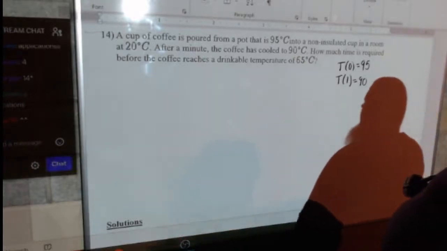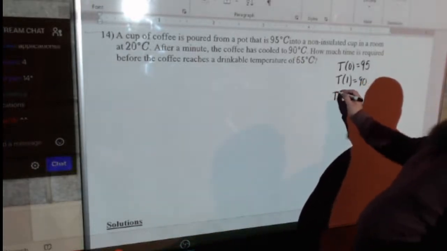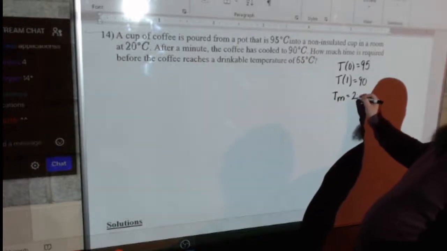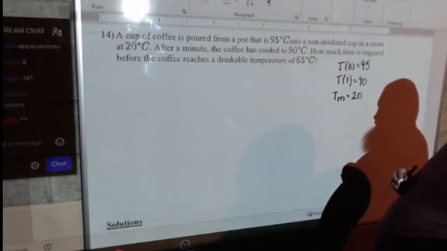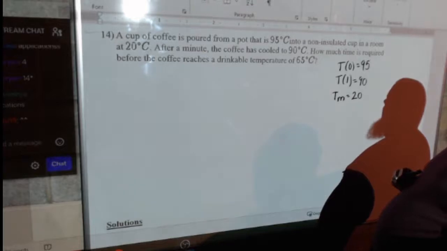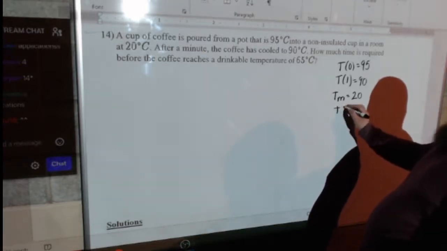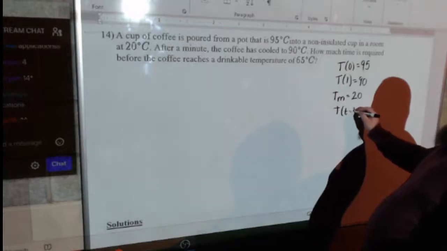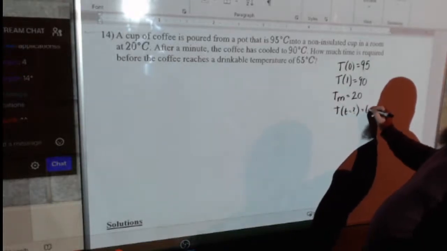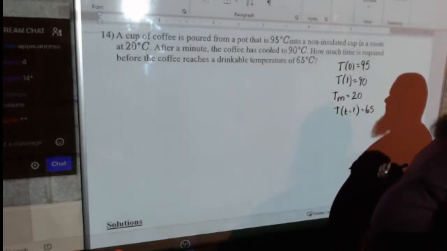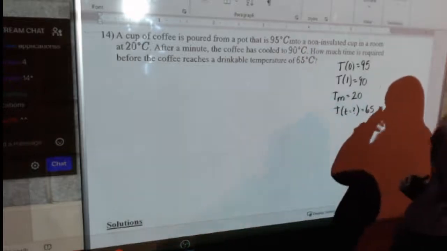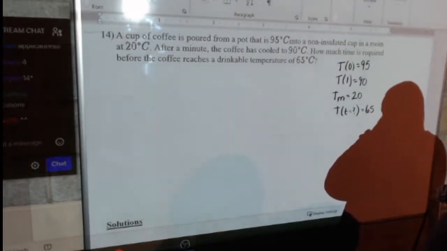The room that it enters is a temperature of 20. That's your T sub M. And finally, the time t at which the temperature equals 65 degrees. All right.